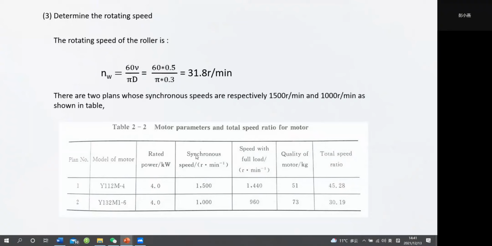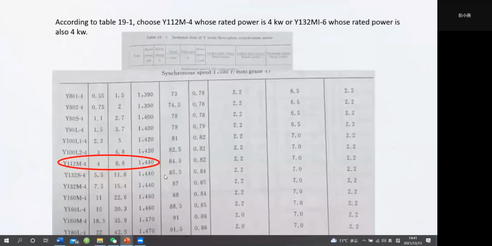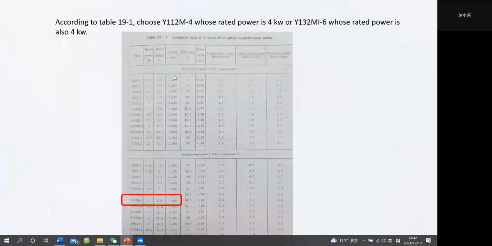and the synchronous speed is different. For this type, the speed is 1,500, and for this type, the speed is 1,000. And then the speed with full load. This value can be obtained from the table.